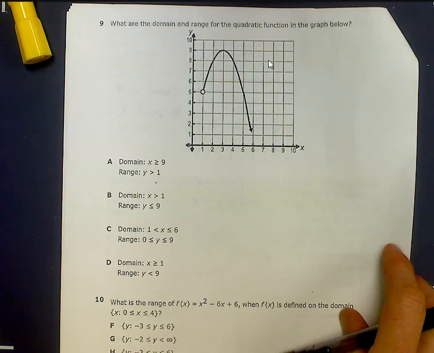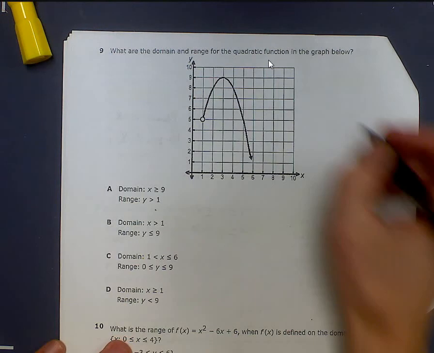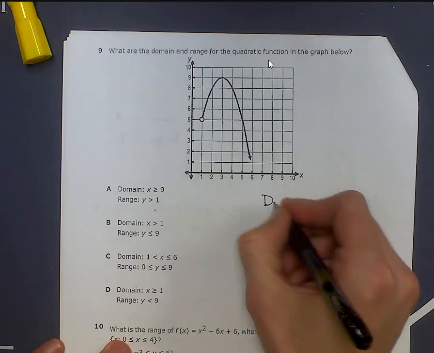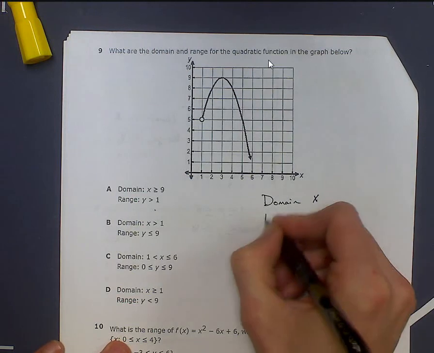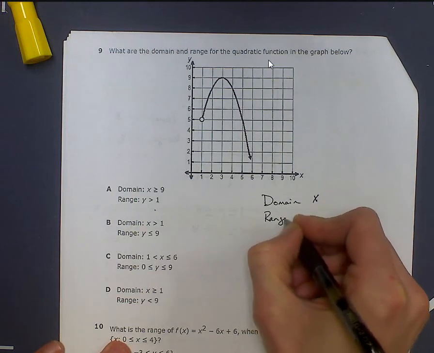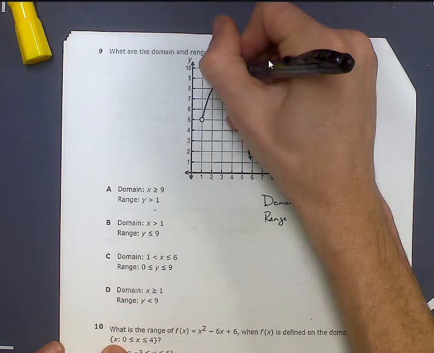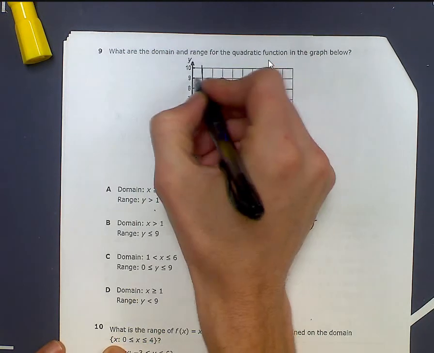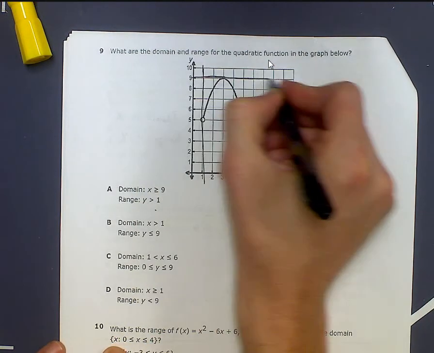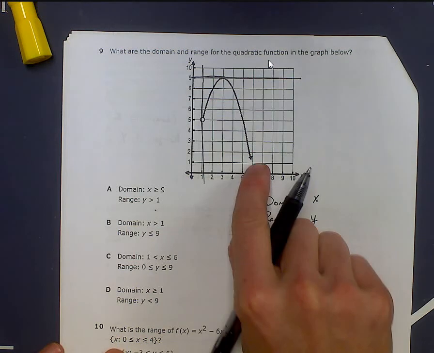Number 9 follows the same pattern because I know that my domain is my x and my range is my y. So I'm going to box everything in again, and I can box this side in because it starts there, and I can draw another line right there because that's as high as it's going to go. But I cannot box this side in because it has an arrow.